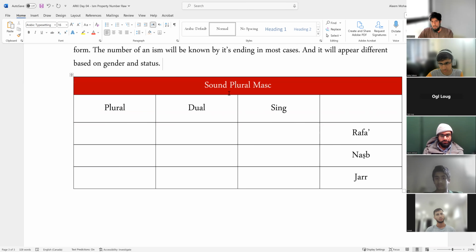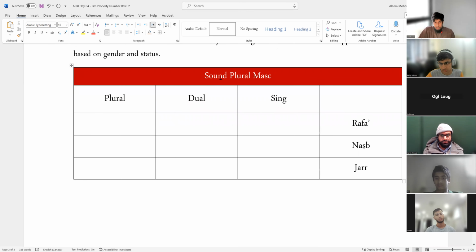With these charts, I'm going to give you guys 3 charts. They're going to show you how an ism will change when it's in rafa, nasab, or jar across being singular, dual, and plural. The first chart's going to show you how it looks when it's a sound plural, meaning we're just attaching something onto the end. Then I'll show you what it looks like when it's a sound plural female. And then finally, when it's a broken plural, inshallah.